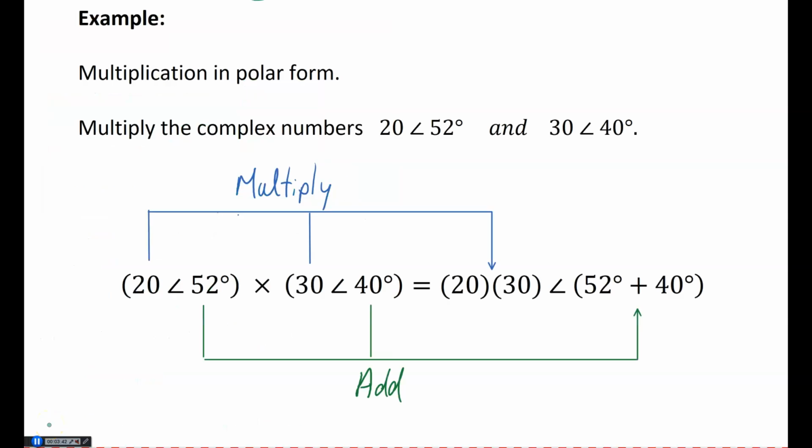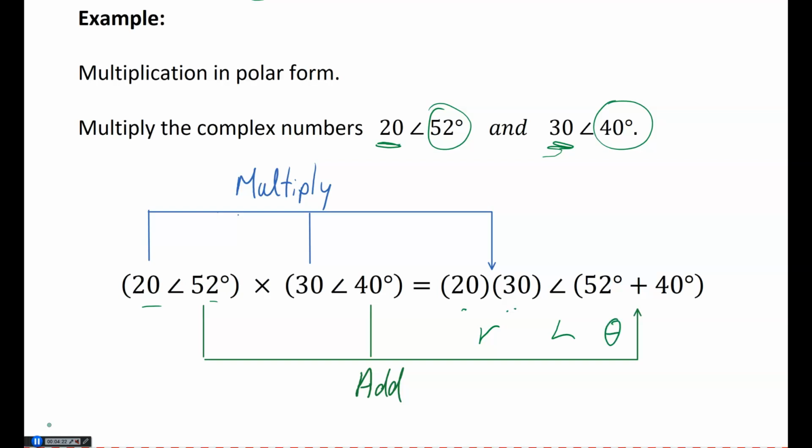Here is an example of multiplication in the polar form. So we'll multiply the two complex numbers 20 at an angle of 52 degrees and 30 at an angle of 40 degrees. Following the formula, we should multiply the two r values together, which are 20 and 30, and then we should add the two angles. So 20 at an angle of 52 degrees times 30 at an angle of 40 degrees equals 20 times 30 for the new r at an angle of 52 plus 40 for the new theta.